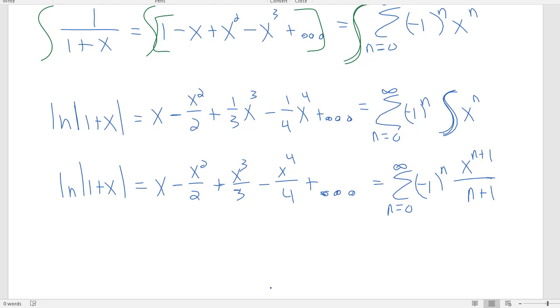Now we took the known series for sine and differentiated it and developed a series for cosine. We took the known series for 1 over 1 plus x, integrated it, and created a series for ln of 1 plus x. And then we did some algebraic manipulation to do the same.